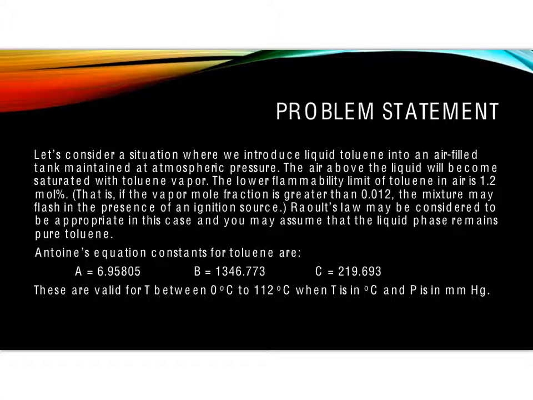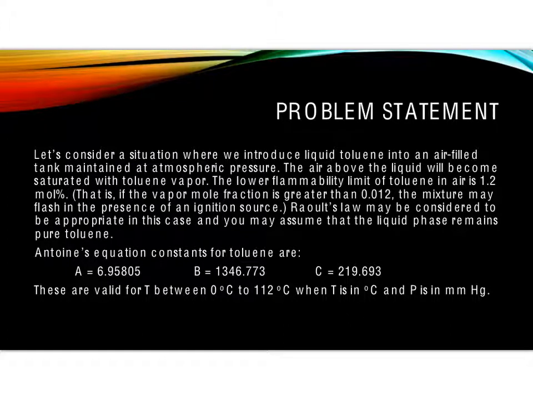So what we want to do is look at, I'm going to fill a tank with liquid toluene. Now it's got some airspace above it, and I'm going to just leave this sitting in there to come to equilibrium. And it will. If you have a tank and it's got some airspace and some toluene, it will come to equilibrium. Now, the toluene is going to volatilize and be in the gas for sure. The air going into the toluene, there might be a little bit, but it's going to be very tiny mole fractions, ignorable.